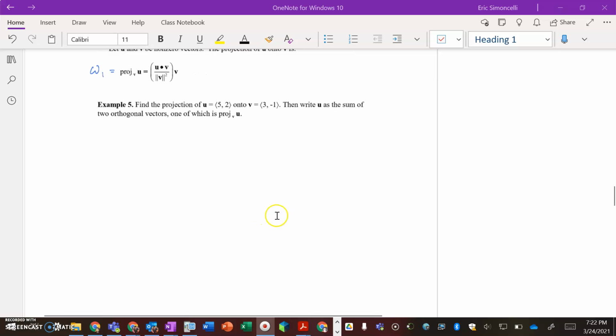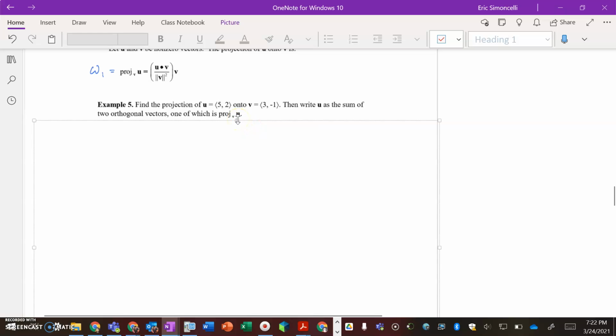Although we won't necessarily be drawing a picture for this, you can, to help you frame your understanding. Find the projection of U, which is <5, 2>, onto V, which is <3, -1>. Then write U as the sum of two orthogonal vectors, one of which is the projection of U onto V. So let's go ahead and take a look. The math behind this is fairly straightforward.